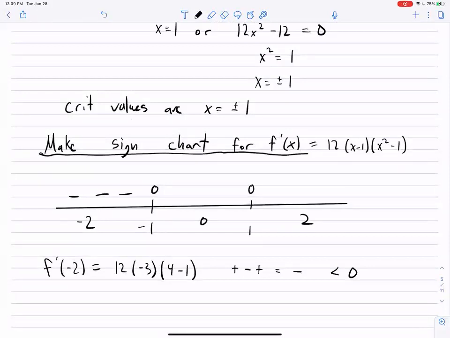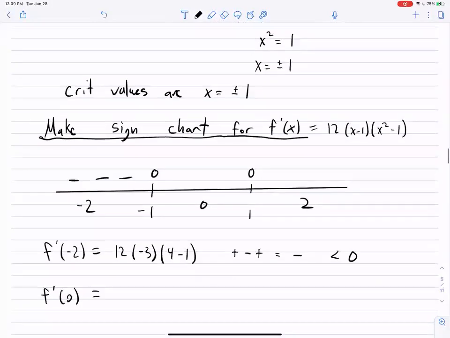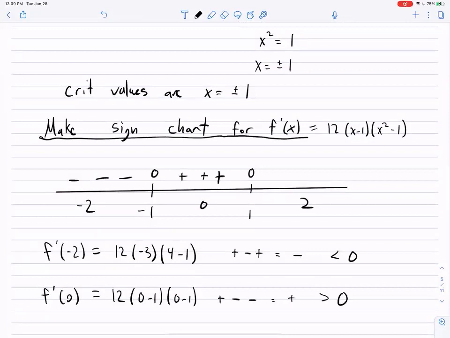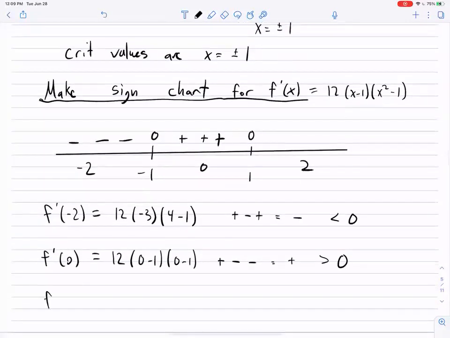If we plug in 0, f prime of 0, you get 12 times 0 minus 1 times 0 minus 1, which is positive, negative, negative, which is positive. So it's greater than 0, and so we put a plus sign here. If you plug in 2, I'll just say what it is.